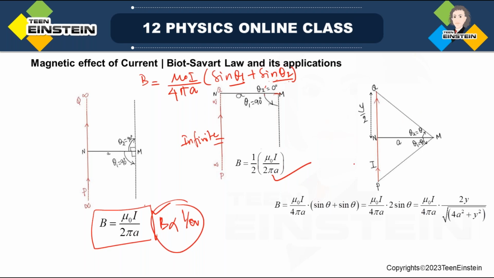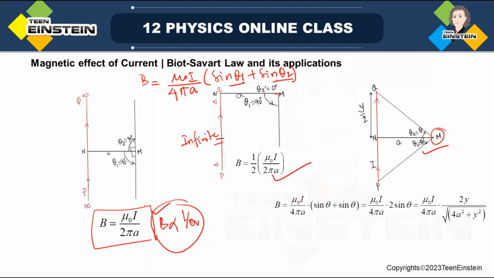Now one more point is that here, suppose this point of observation M is situated exactly on the perpendicular bisector, then this theta 1 and theta 2 are the same.